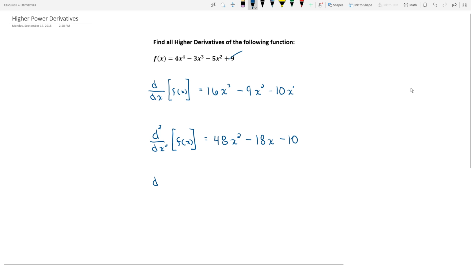So we're going to go to the third derivative of this function. So we now have 48, 48 times 2, which gives us 96.